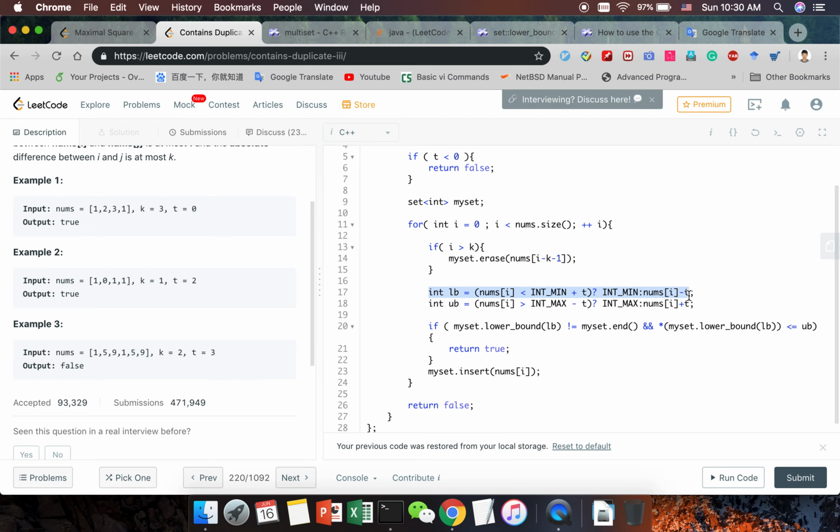So when you use a set, we actually calculate a lower bound and upper bound of the numbers.